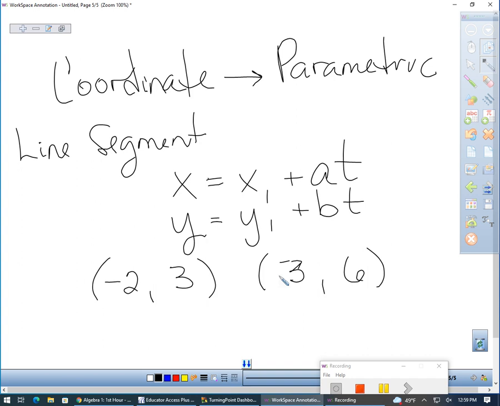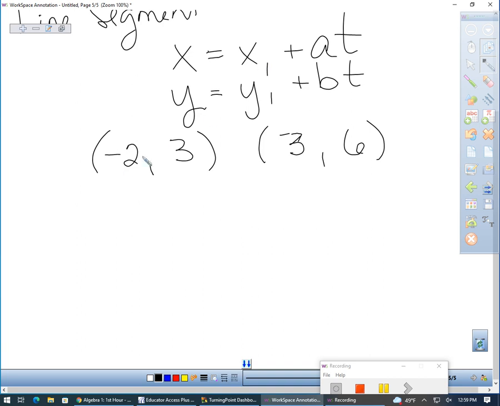So we are going to write it as a parametric equation. First thing we do is we are going to use our x1 and y1 in our equations. We are going to use 3 and 6 as our x and y, and we're going to solve for a. So, first thing, this is our x1, y1 over here.